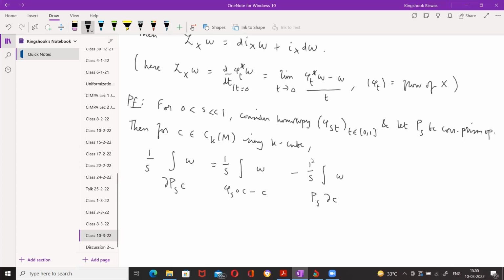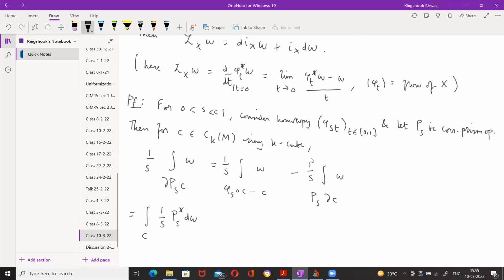By Stokes' theorem and the dual of the prism operator, this becomes 1 by s times the integral over c of P_s star of d omega. And let me take the 1 by s inside. So this becomes the integral over c of 1 by s P_s star of d omega, right?